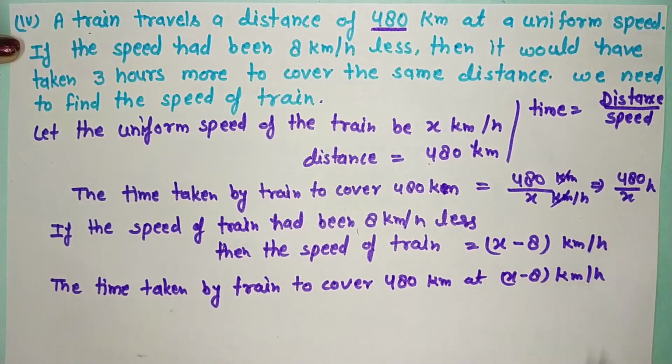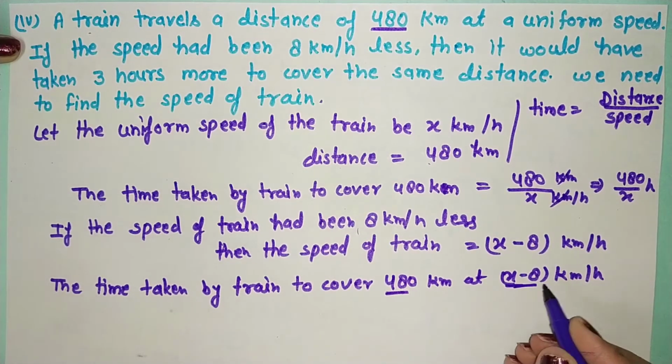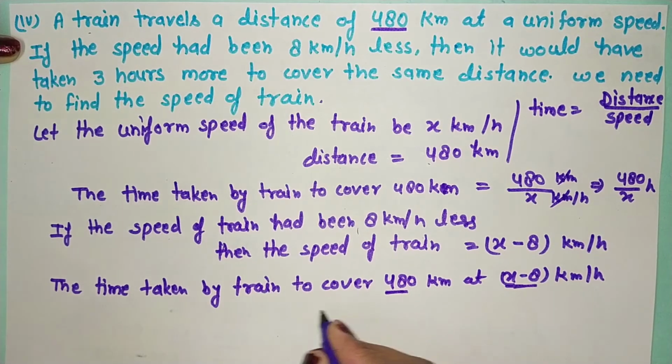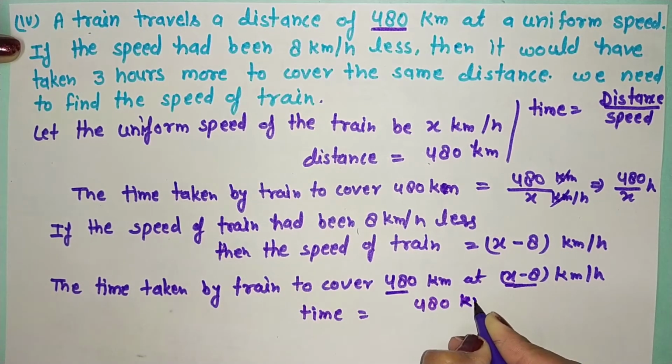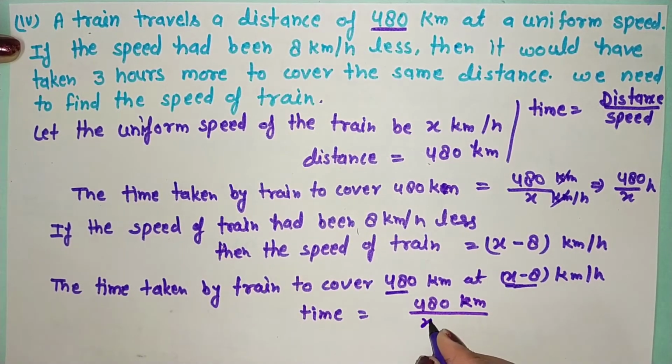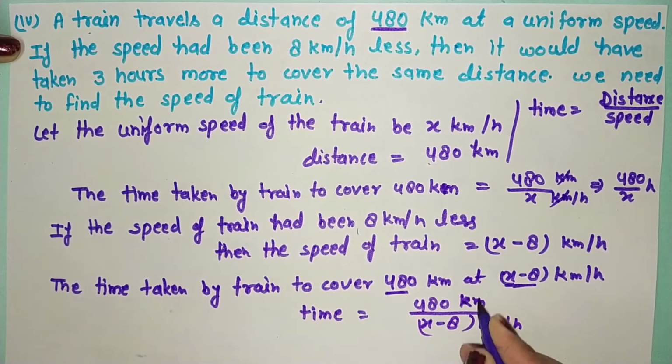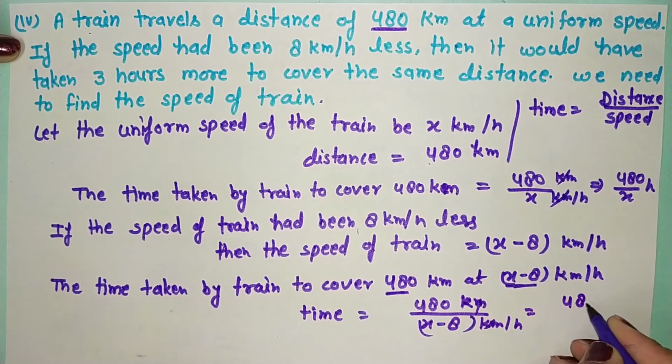The time is distance upon speed, and the distance is 480 kilometer and speed is x minus 8 kilometer per hour. Therefore, the time is 480 kilometer upon x minus 8 kilometer per hour. Kilometer is cancelled by kilometer, and we get 480 upon x minus 8 hour.